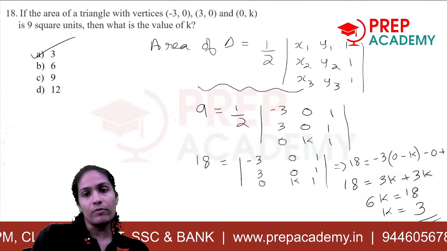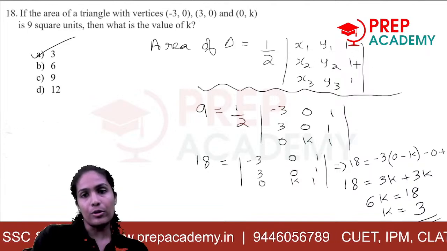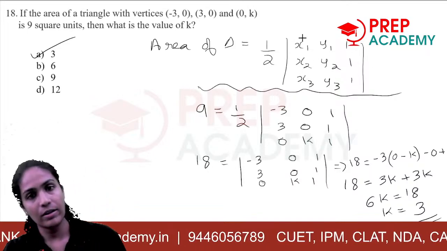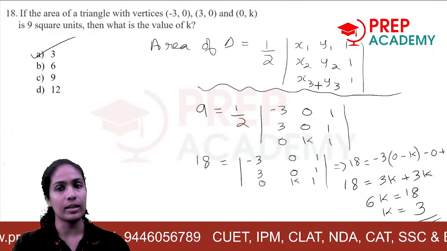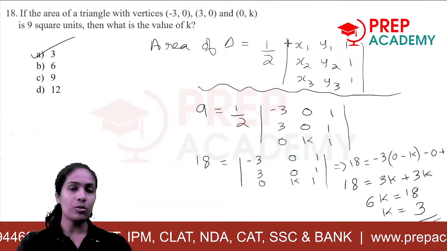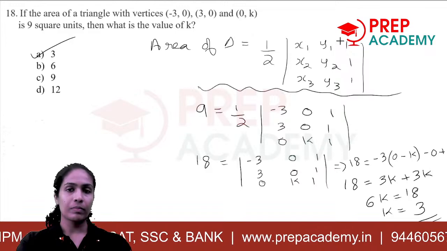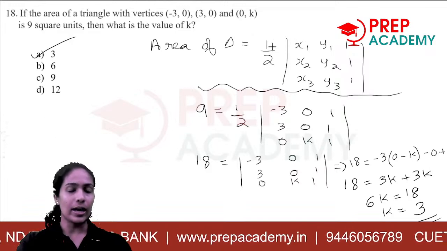Remember this formula: area of a triangle is half into the determinant of x1, y1, 1, x2, y2, 1 and x3, y3, 1, where x1, y1, x2, y2 and x3, y3 are the 3 vertices of the triangle. And the area of a parallelogram is equal to the cross product of the adjacent sides.